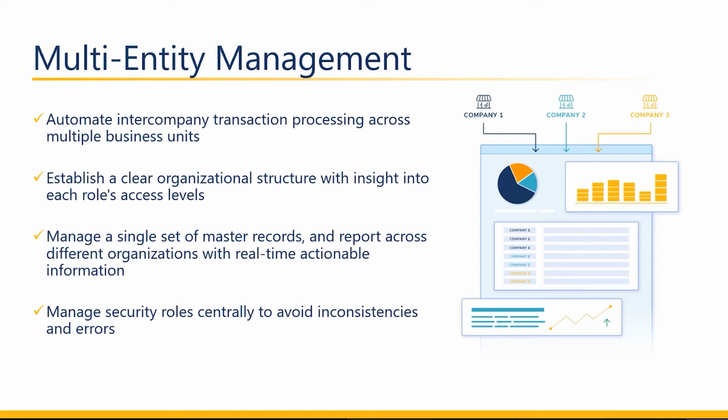Again, first and foremost, being able to automate those intercompany transactions across your multiple business units, while everything being in that one instance in Business Central, not having to switch back and forth, but having those due tos and due froms accounts set up and automatically balanced in the case where there's an intercompany allocation that needs to take place, or in the case of an arm's length transaction, having those accounts automatically balanced on both sides of the transaction just by inputting it once within Business Central is a major advantage we see, and a major selling point that we see our prospects getting really excited about.